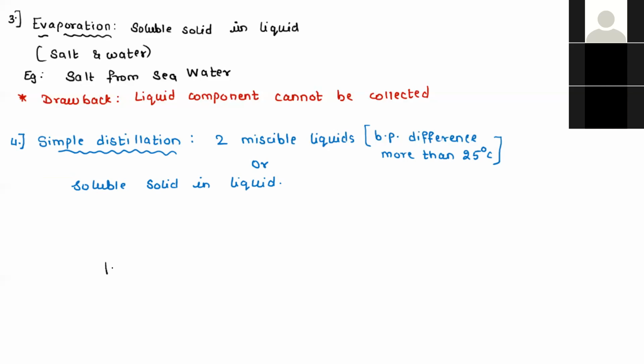So you have a round bottom flask. There is a rubber cork.